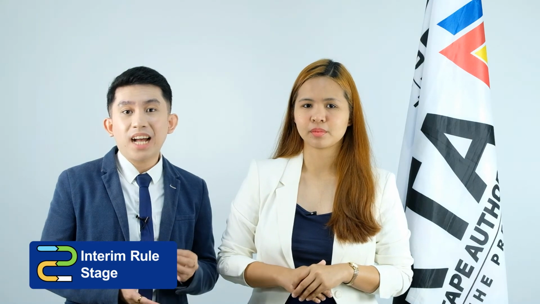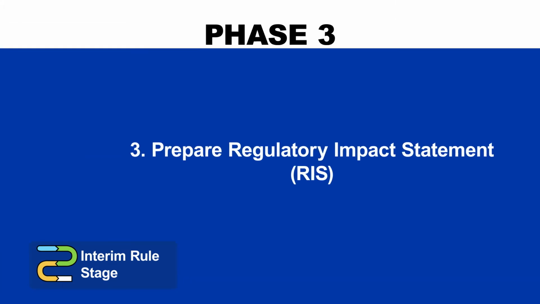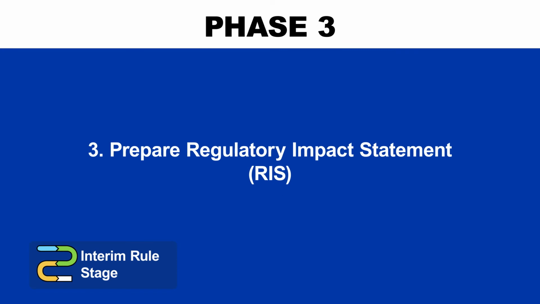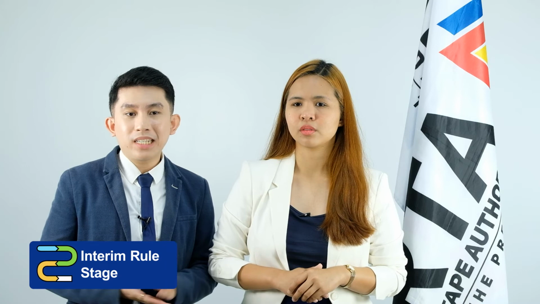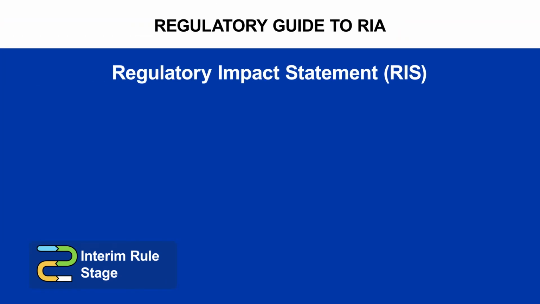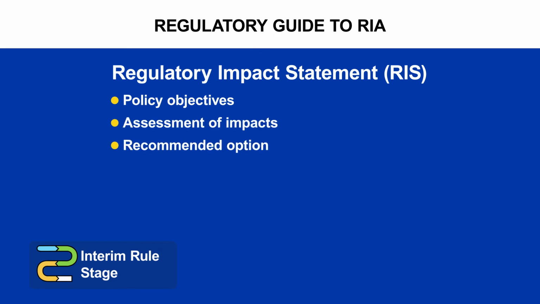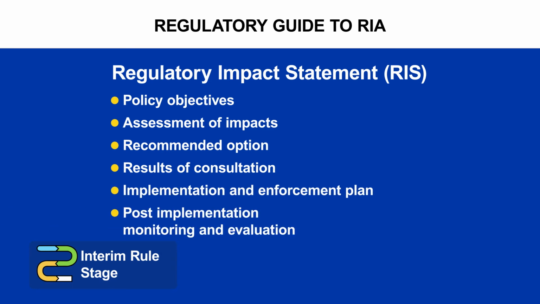Once your agency has conducted your RIA and consultation, you will now prepare your Regulatory Impact Statement, or RIS, which is the 3rd phase or the interim rule stage in the reporting cycle. The RIS outlines your policy objectives, assessment of impacts, recommended option, result of consultation, implementation and enforcement plan, and post-implementation, monitoring, and evaluation.